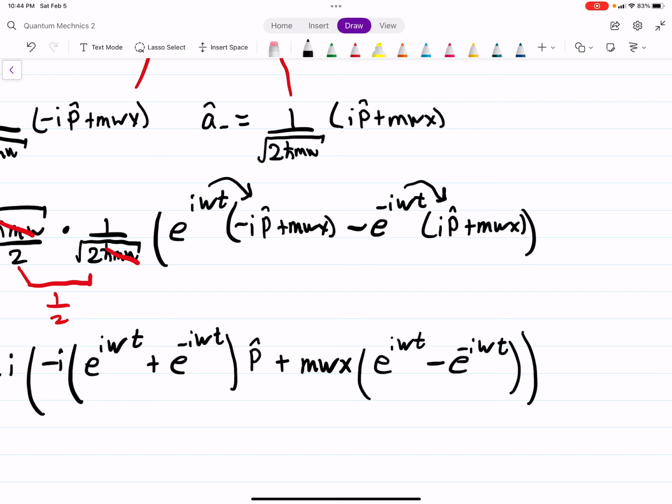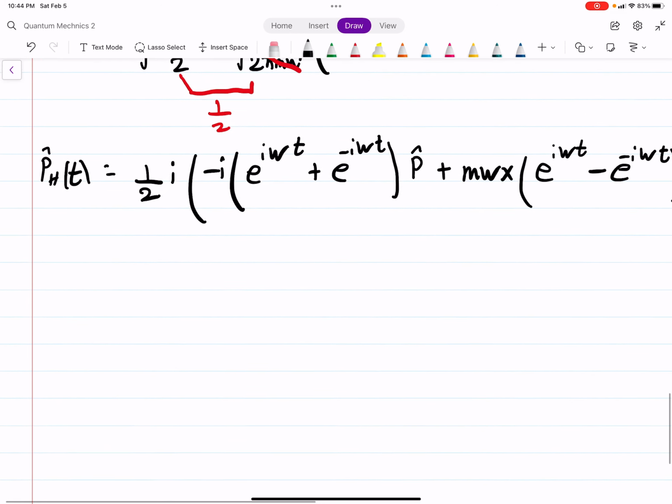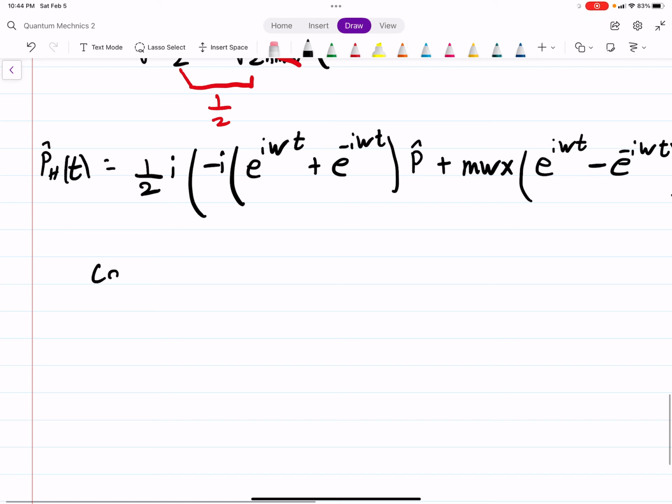And now what we need to know is how you can write cosines and sines in terms of exponents. So cosine of omega t is e to the i omega t plus e to the minus i omega t over 2.